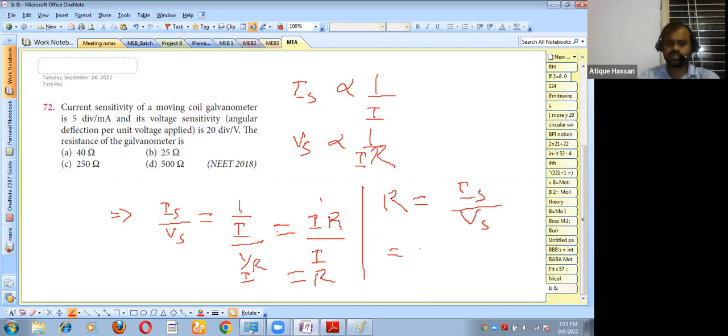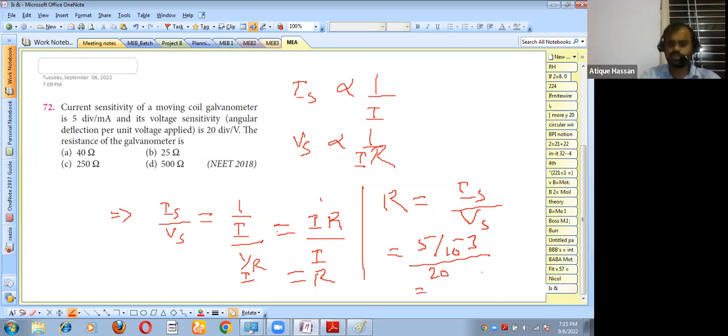And what is current sensitivity? 5 division per milliampere. So it will be 5 per milliampere, 10 to the power minus 3, divided by voltage sensitivity, 20 division per volt.